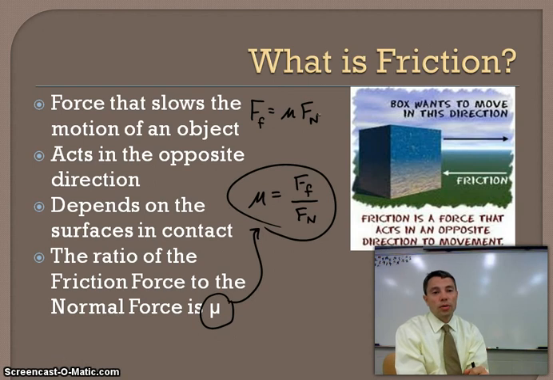Now this is one of the important things to also note is that, again, friction only matters between the two surfaces that are in contact, okay? Not the area of contact.